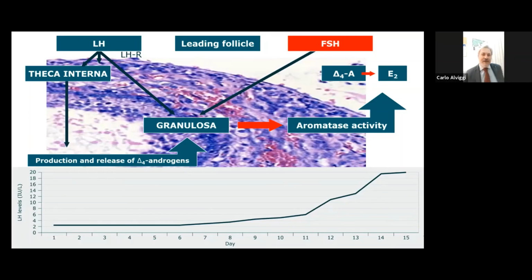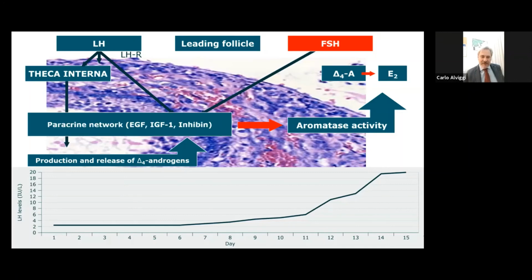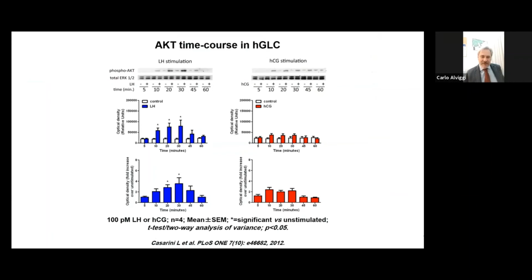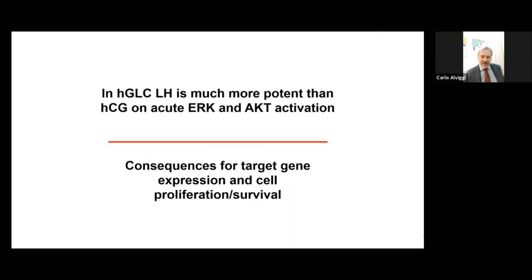I spent the last minutes, so if you can directly go to the last point, which is the use of LH, if you skip very rapidly, we can go there together. These are basic science studies, and I strongly suggest reading those by the group of Manuela Simoni.